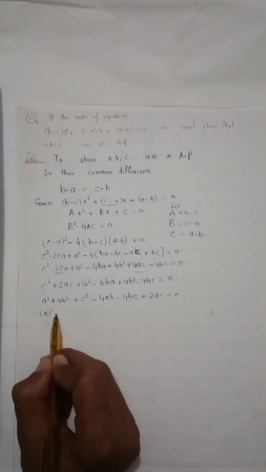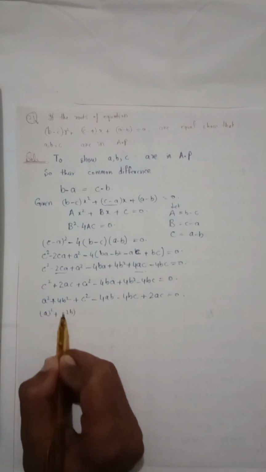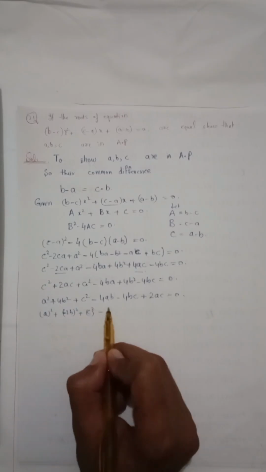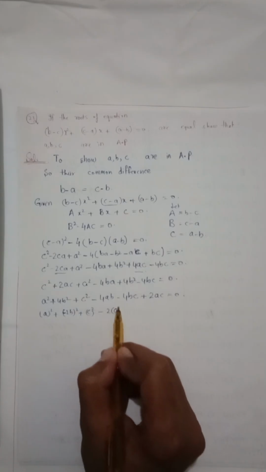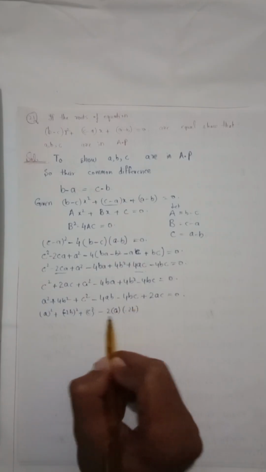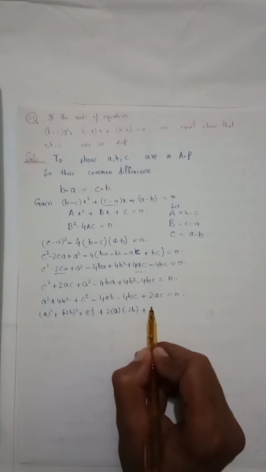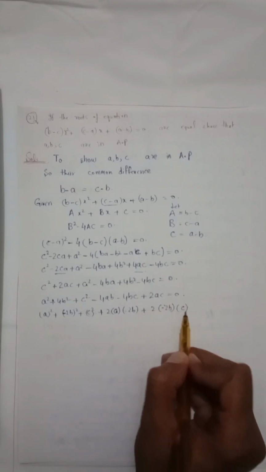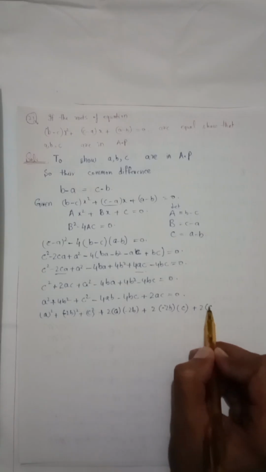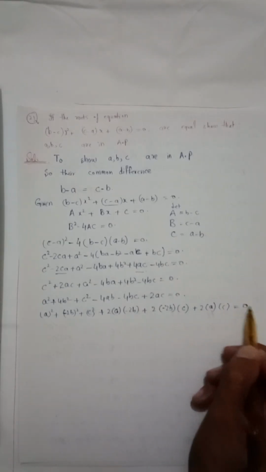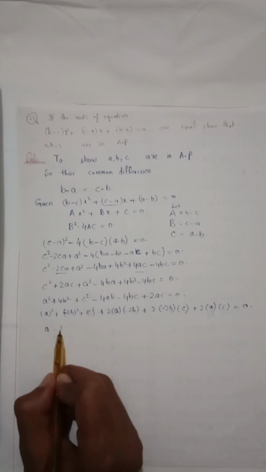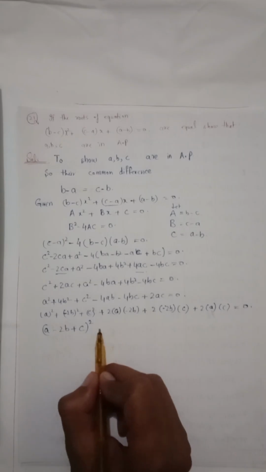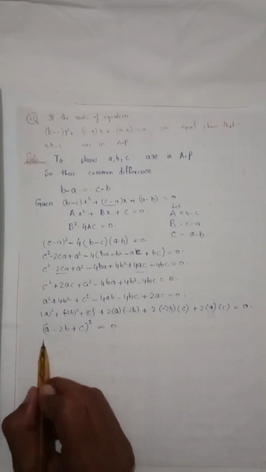As this is a square plus 4b square plus c square, minus 2 into a into 2b, minus 2 into 2b into c, plus 2ac, this is the complete square of (a minus 2b plus c) equals 0.